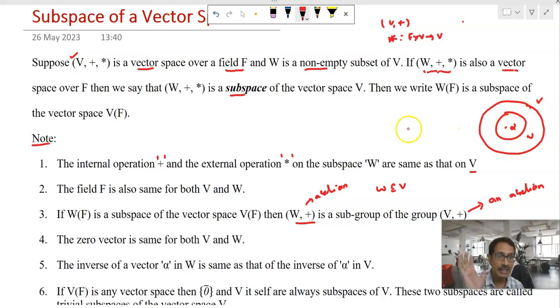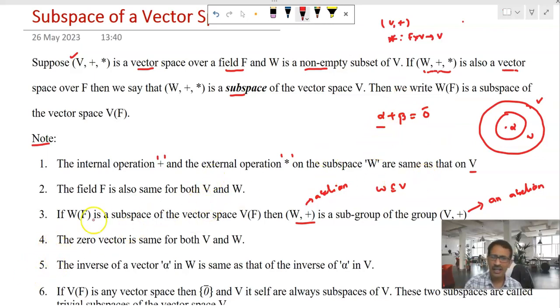Suppose beta is the inverse of alpha, that is alpha plus beta equals the identity, 0 bar. If you add them, you will get 0 bar. Of course, beta plus alpha is also 0 bar. Then the same beta works as the inverse in W and V as well. You will not have two different inverses for the same vector alpha. That is what I am saying in the 5th point.